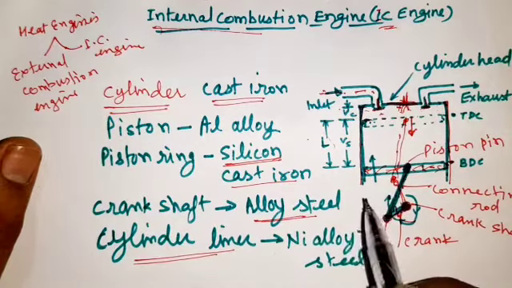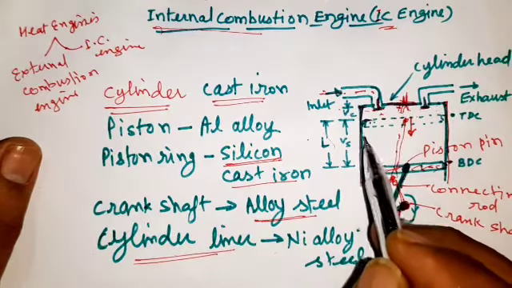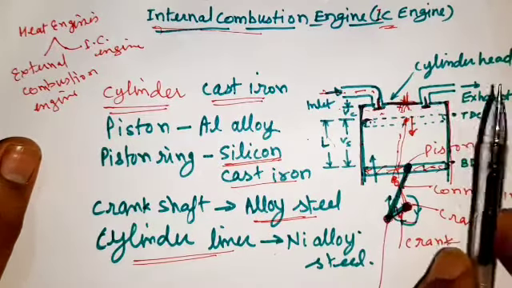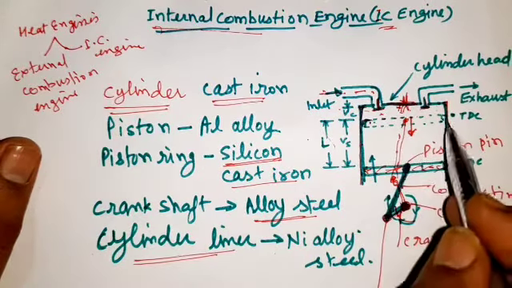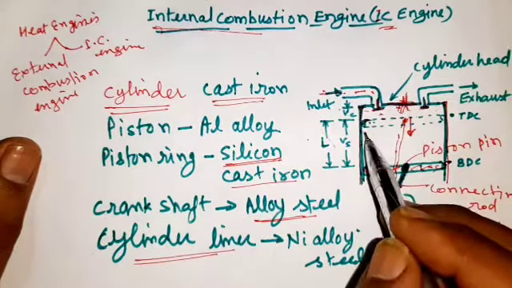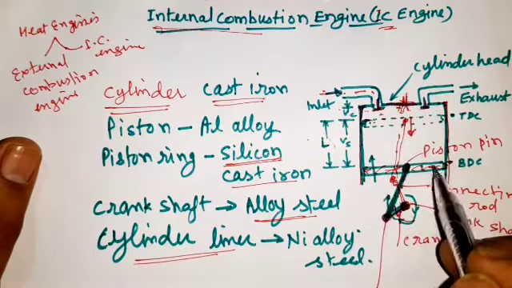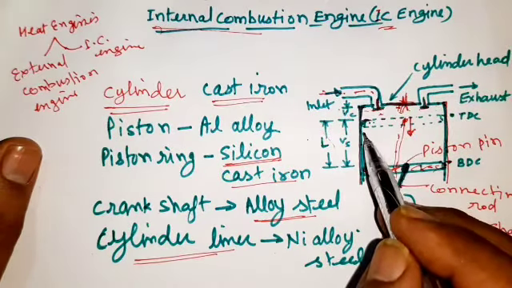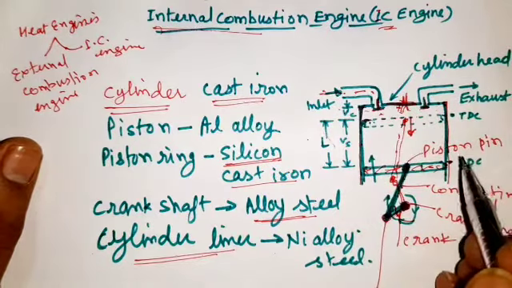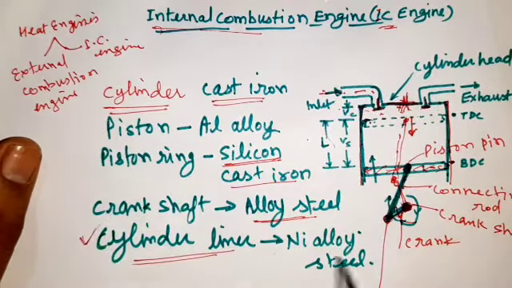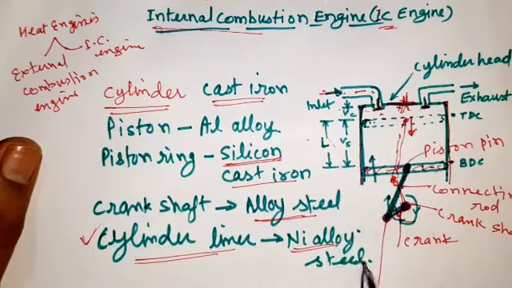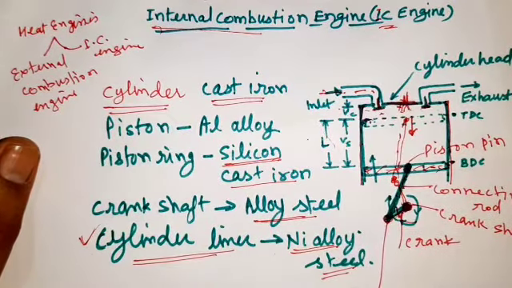We also provide liners to reduce the wear of the cylinder. We do not want to replace the cylinder, so we place a liner inside the cylinder so that we can replace the liner after some time, after damage. These liners can be replaced easily, and they are made of nickel alloy steel.